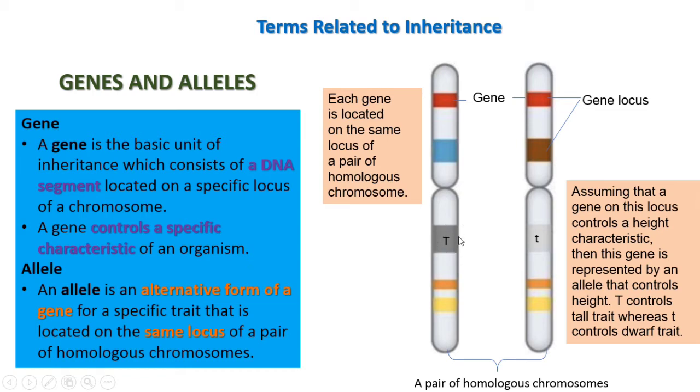So then the gene represents an allele that controls height. Capital T controls the tall trait, whereas the small t controls the dwarf trait. So when they sit in the same locus, we call them allele capital T and allele small t.